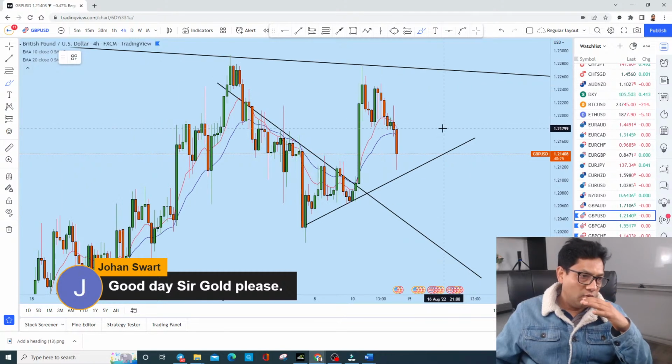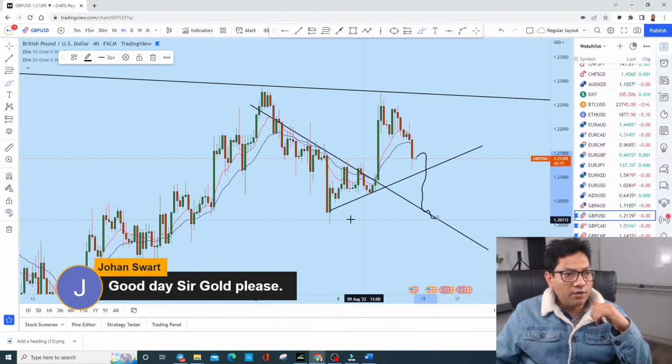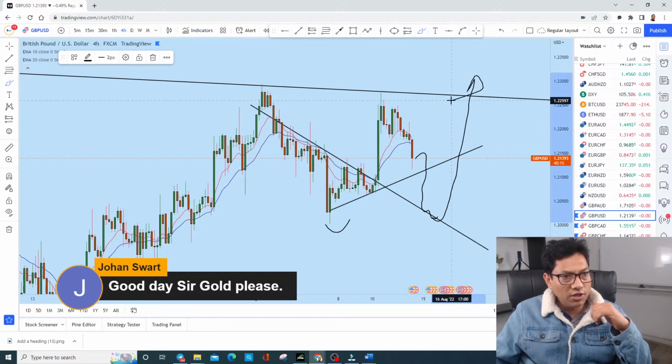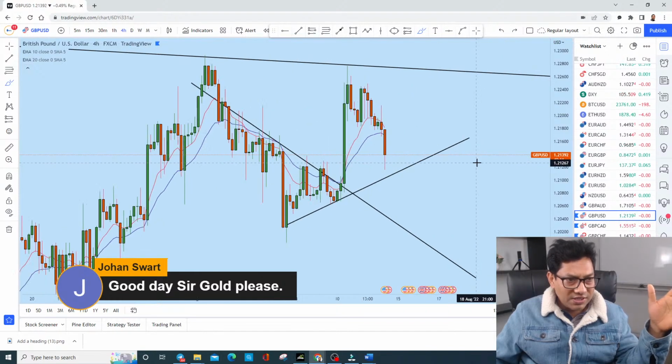If it wants to change the trend, it needs to come down here and needs to create, probably with this one, a double bottom, and then we can say that okay, GBPUSD is probably now going bullish. For now it's still bearish.